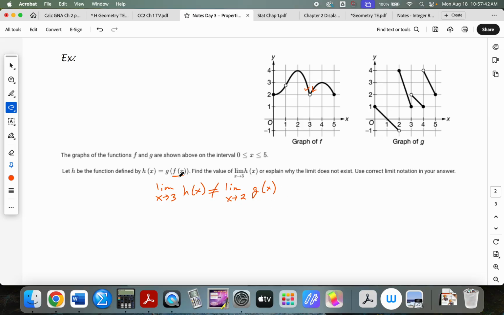Although this approaches 2, it approaches 2 only from above, right? So we're only using values that are bigger than 2. The only way to make that equal would then be the limit as x approaches 3 of h of x is equal to the limit as x approaches 2 from the right of g of x. We approach 2 from the right on g of x, that's equal to 4.